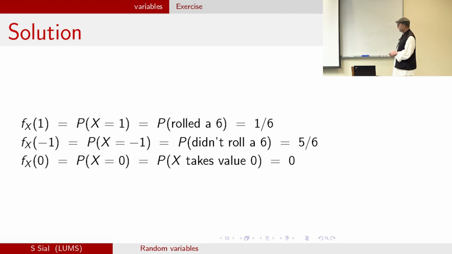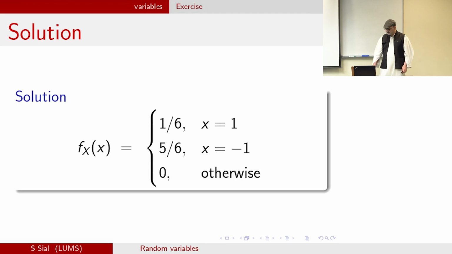Okay, so continuing with this discussion, this is what it would look like. This says the probability mass function for x, if you give it an input x equals 1, it gives you 1/6. The probability that x takes the value 1 is 1/6.